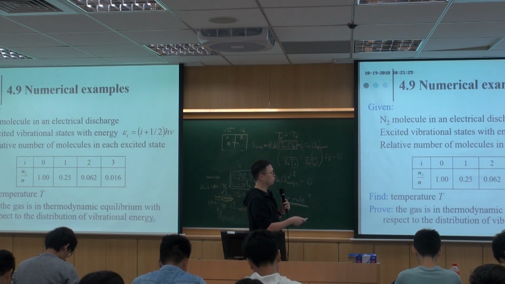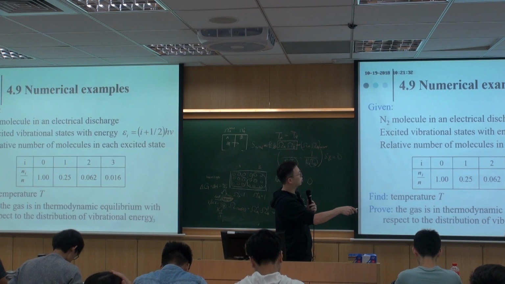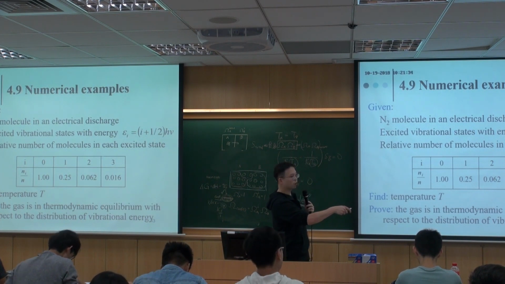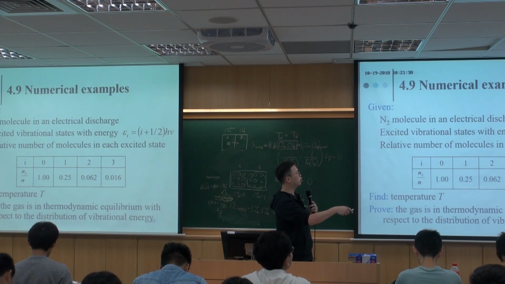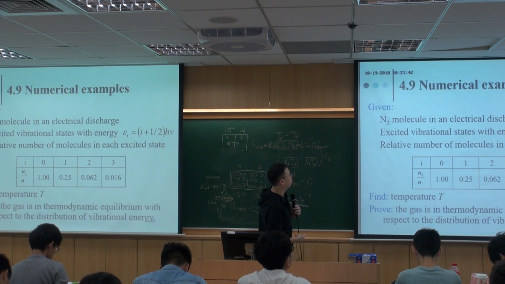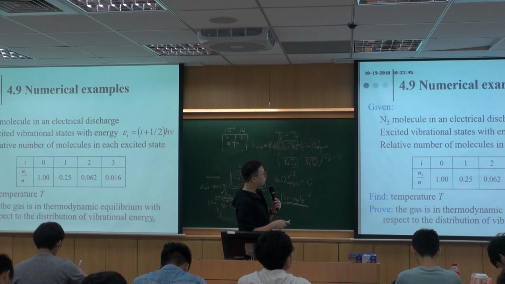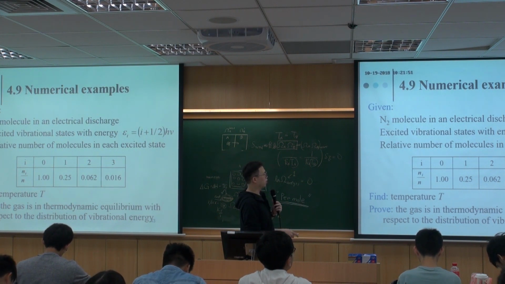So for the energy level, starting from 0, I = 0, the ground state, it will be 1/2 h mu, where h is a Planck constant, mu is the frequency of the vibration, and the relative number of molecules in each excited state is something like this.